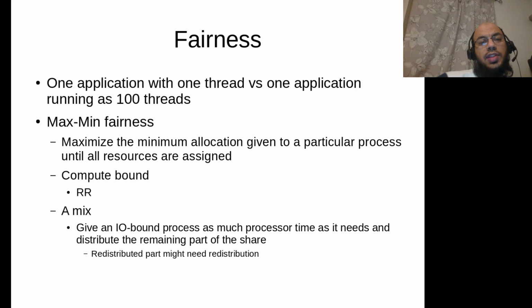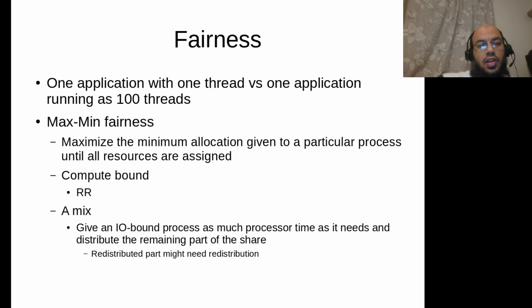So you try to maximize the minimum allocation given to a particular process until it has resources at the same level as the other processes.